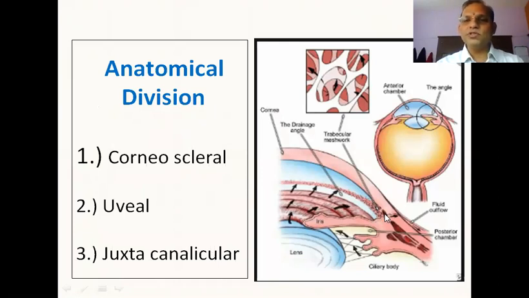This is the Schlemm's canal. The part of the trabecular meshwork nearer to the Schlemm's canal is the juxtacanalicular; the part nearer to the ciliary body and the iris is the uveal; and the part nearer to the cornea is the corneoscleral. The most filtering part is the juxtacanalicular part, which filters the aqueous into the Schlemm's canal.